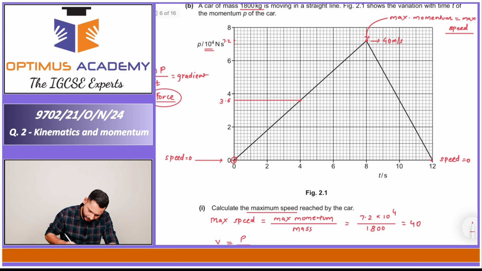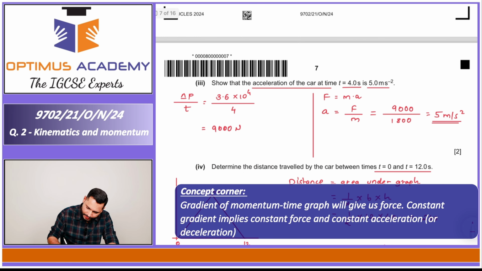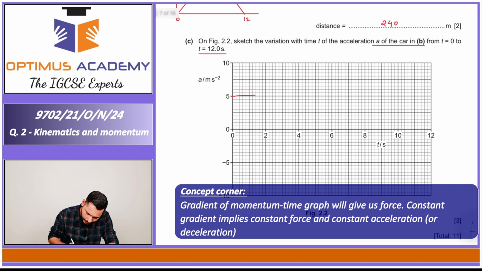So you can see that between 0th second till 8th second, the graph has constant gradient, meaning the car has constant force. Now if the object has constant force, its acceleration will also be constant. We already have worked out that acceleration, and that acceleration is 5 meter per second square. So between 0 to 8th second, it will be a flat line at 5, indicating that the acceleration is constant between 0 to 8 seconds.